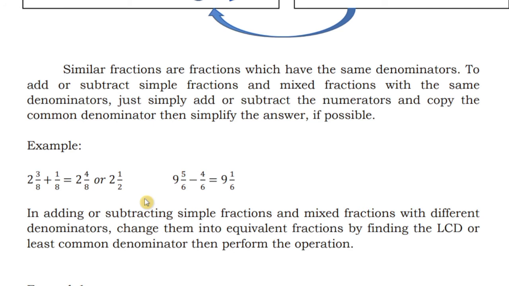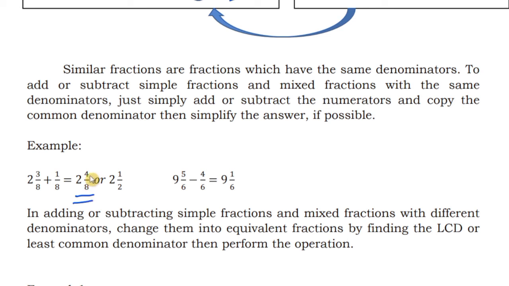From here, we now have again 2 and 3/8 plus 1/8 is equal to 2 and 4/8. Since this one is our answer from the sum of the given, take note that we could not give the final result unless it is simplified or reduced into lowest term.